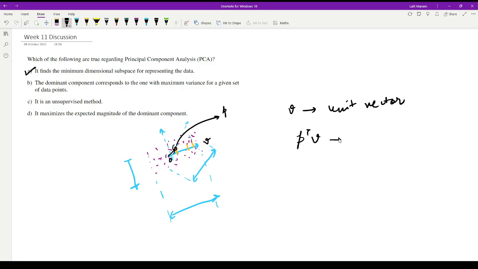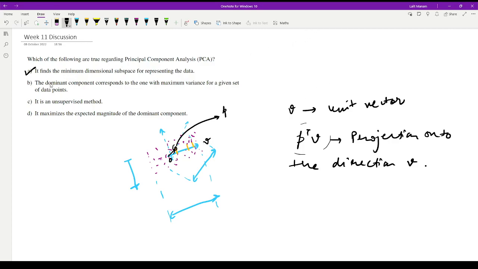So this is the projection onto the direction V. Given these things, we would like to find the direction V such that this P transpose V is maximized for all the points together. That's the aim here.